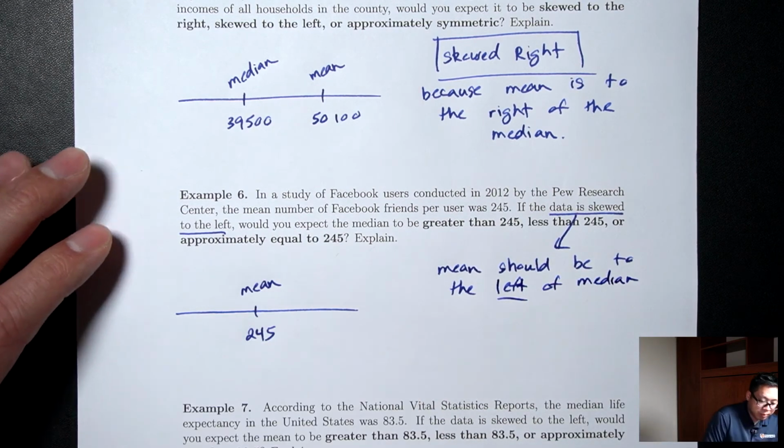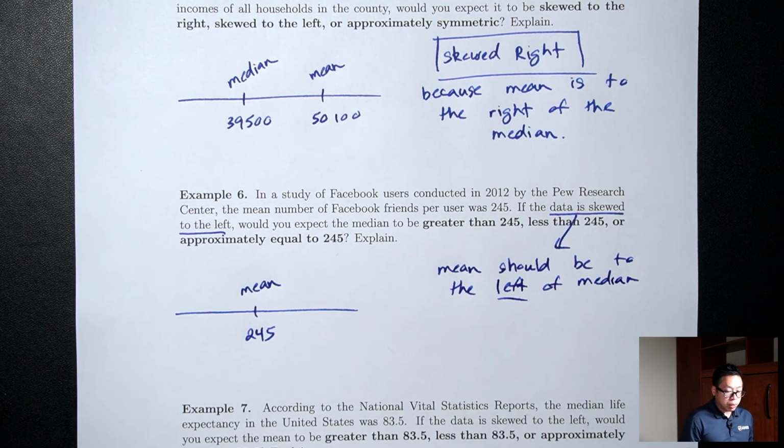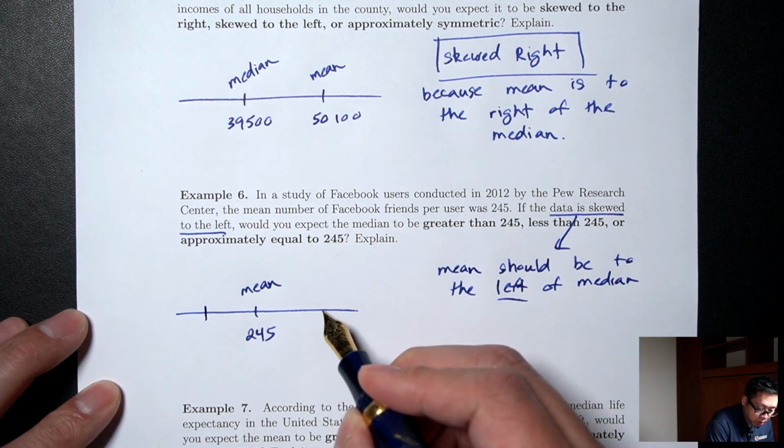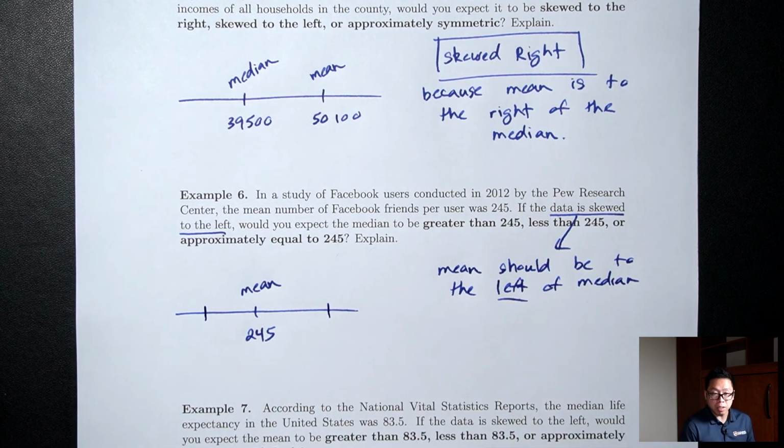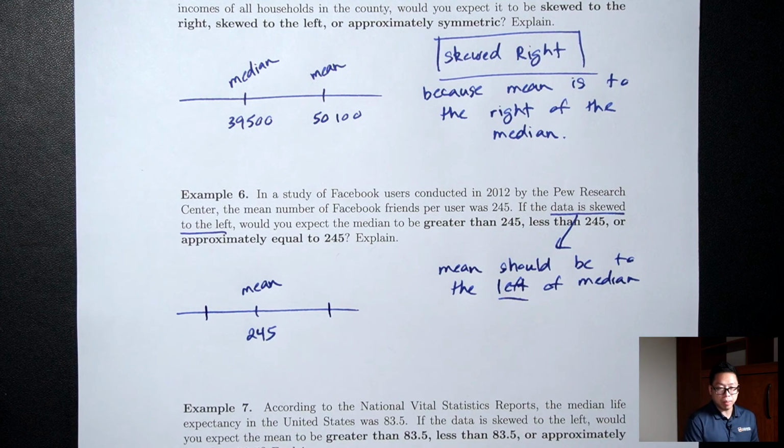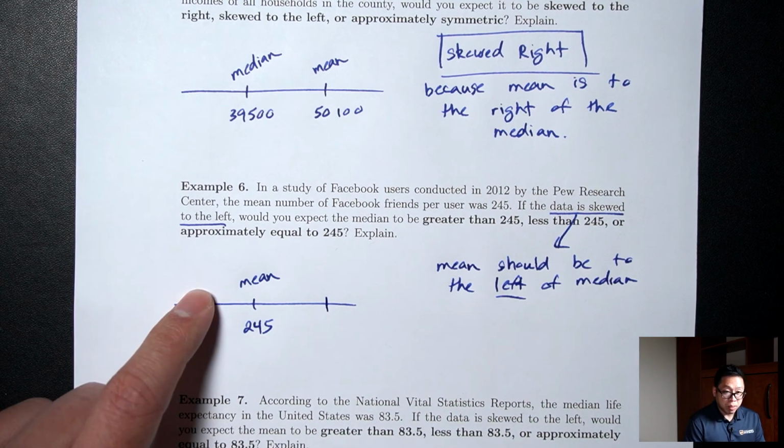Right? Because it's skewed left. And then the question is, where would you put the median? Here or here, so that the mean is to the left of the median?